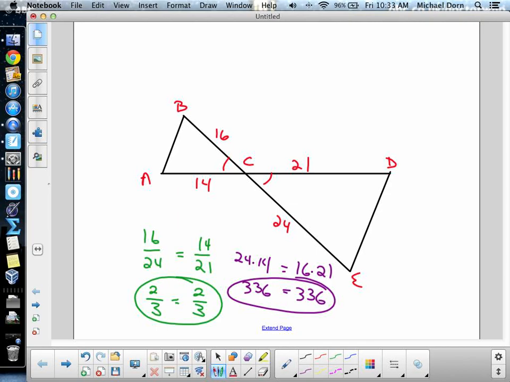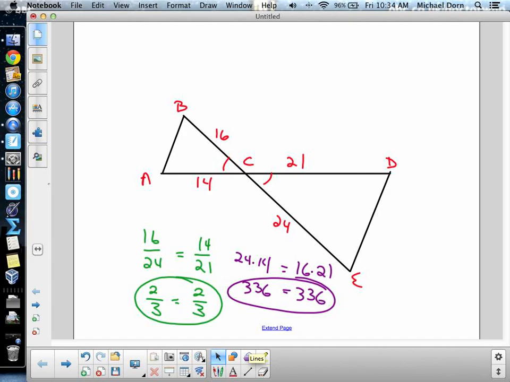Now we have to be a little careful. If these sides were, say, here, 14 and 21, that would not be side angle side, would it be? That's side side angle, and side side angle or angle side side does not work. It's got to be side angle side. Side angle side, again, kind of reviewing back to side angle side, the angle is between the sides.